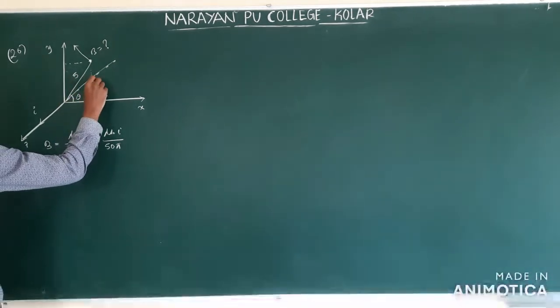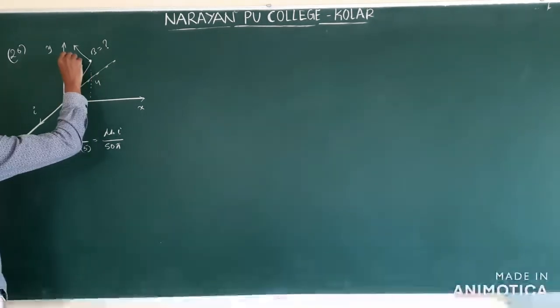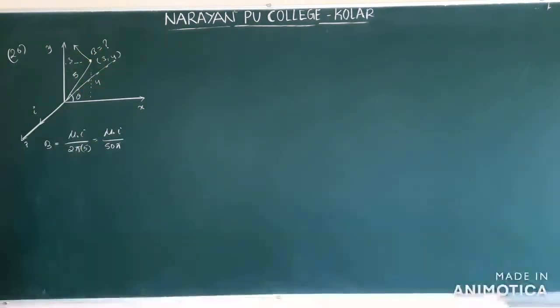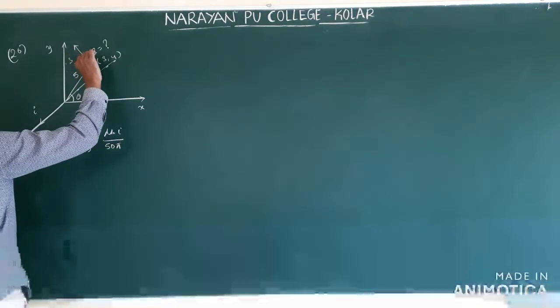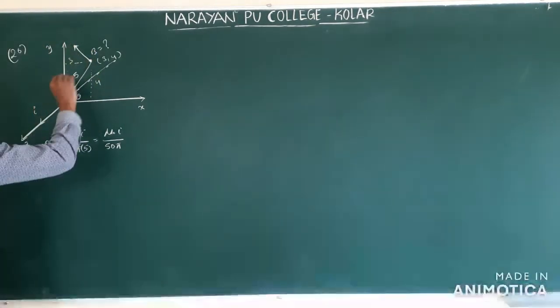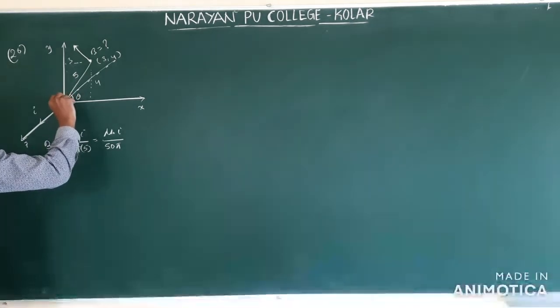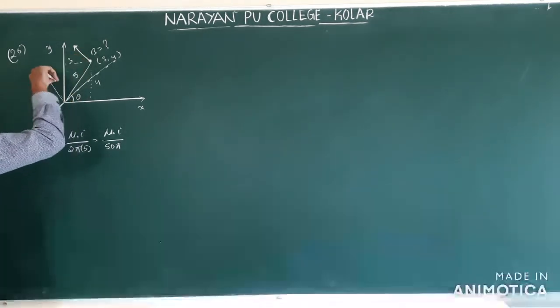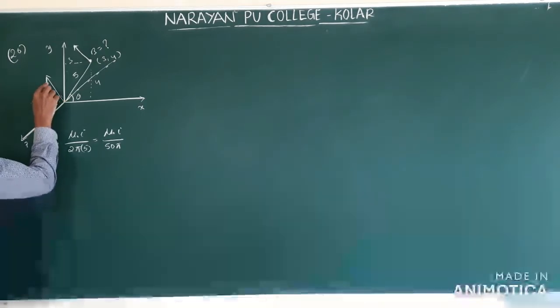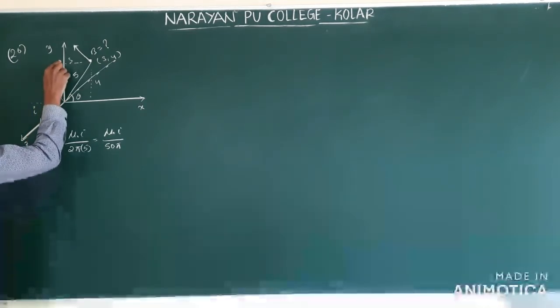What is the coordinate? This is given as 3, 4. What is the vector direction? If you shift it, it will act like this vector. Just to find the direction, I am shifting the vector. So this lies in the negative x-axis and positive y.